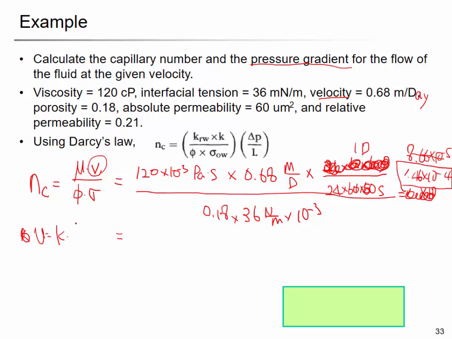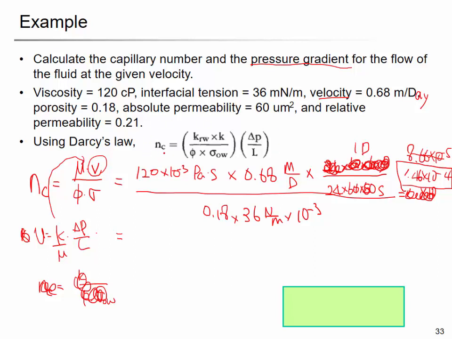Delta P over L. The area is gone and the mu is here, right? So then velocity, we can plug it here. Then it becomes this equation. Right?